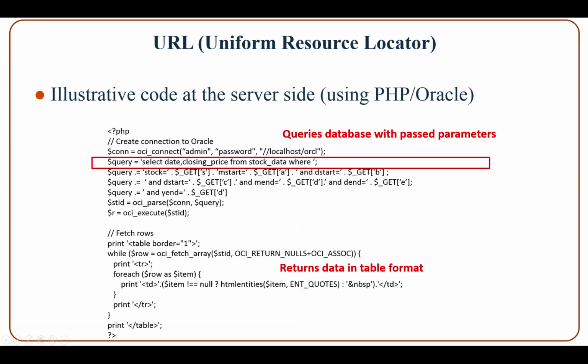This page illustrates how the code runs on the server side. This example code was written using PHP and the underlying database is Oracle. The OCI connect function allows you to connect to the Oracle database using the username and password.